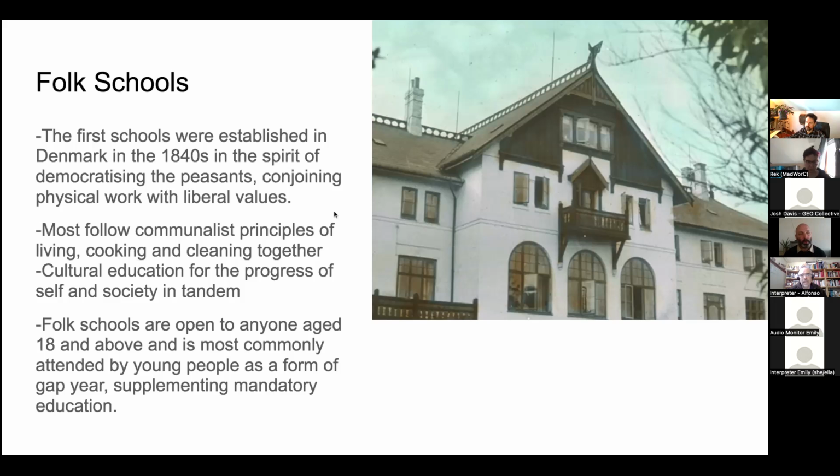But they were started with the spirit of democratizing peasants and conjoining physical work with liberal values. They most followed communalist principles of living, cooking, and cleaning together. And that was all done along with the cultural education and political education.